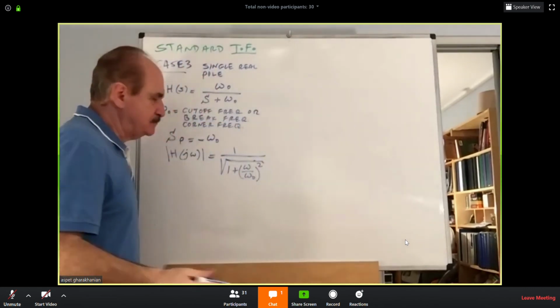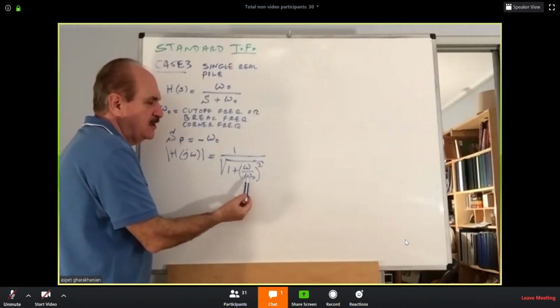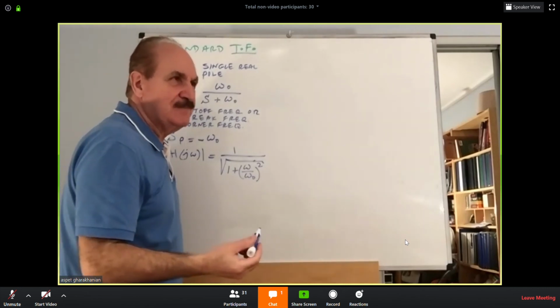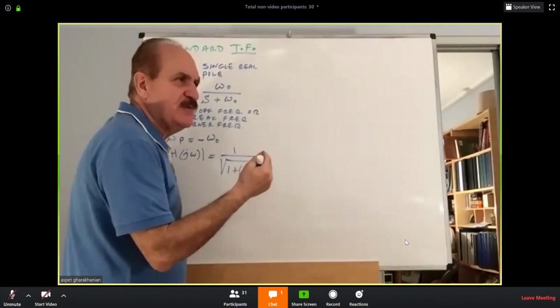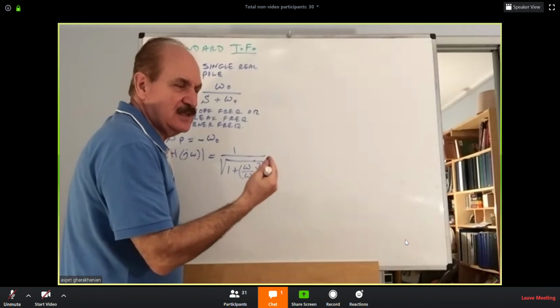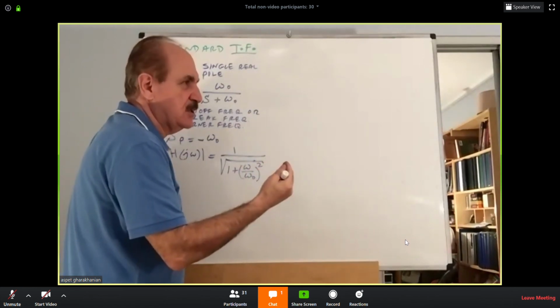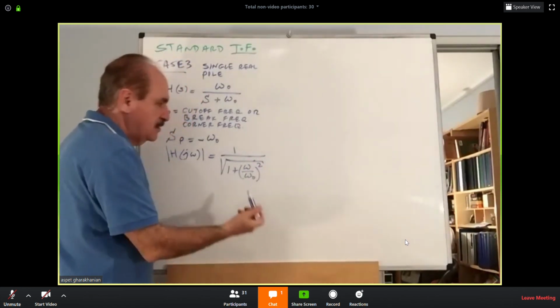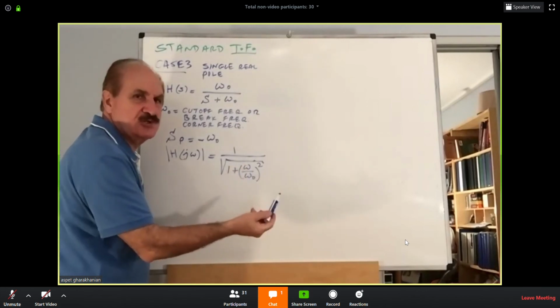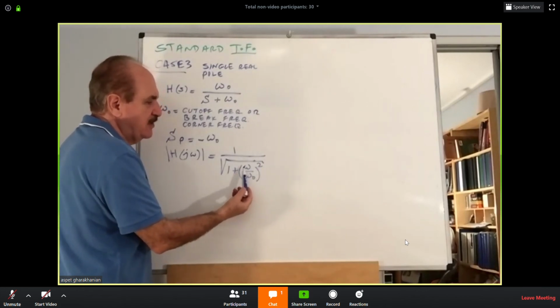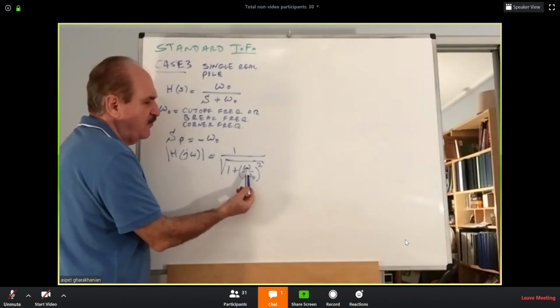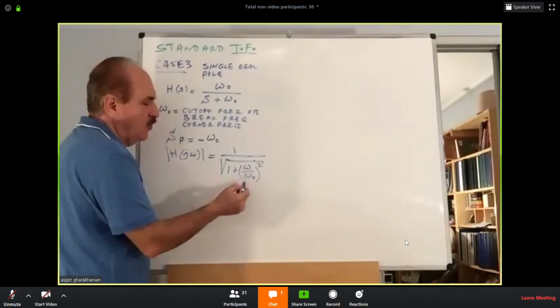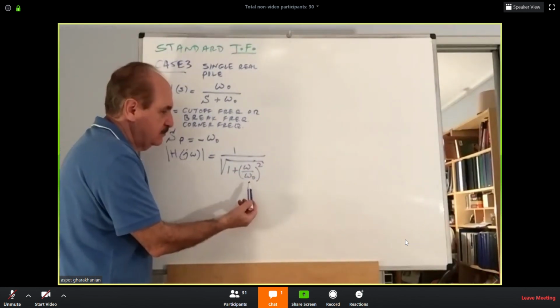Notice that omega is a radian frequency. What's the difference between that and regular frequency, like common Hertz frequency? It's just a 2 pi. So you can reuse all of these equations simply by writing, instead of omega, just f over f cutoff.